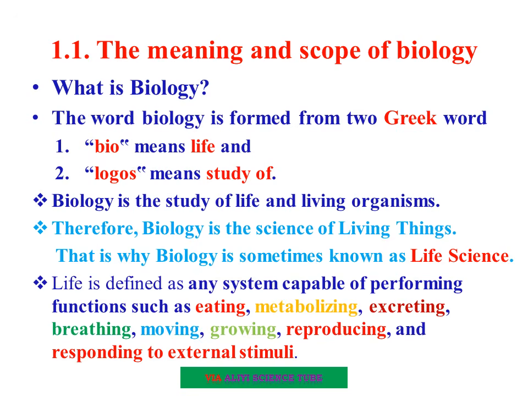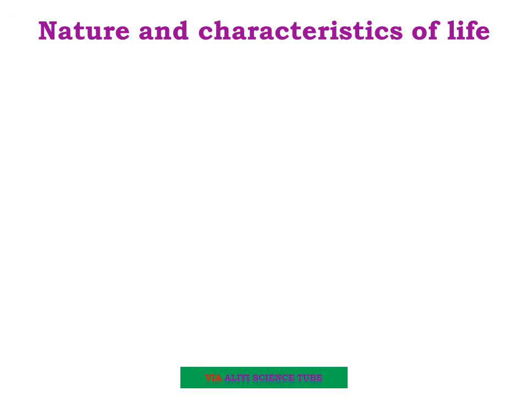Life is defined as any system capable of performing functions such as eating, metabolizing, excreting, breathing, moving, growing, reproducing, and responding to stimuli, etc. Nature and the characteristics of life.